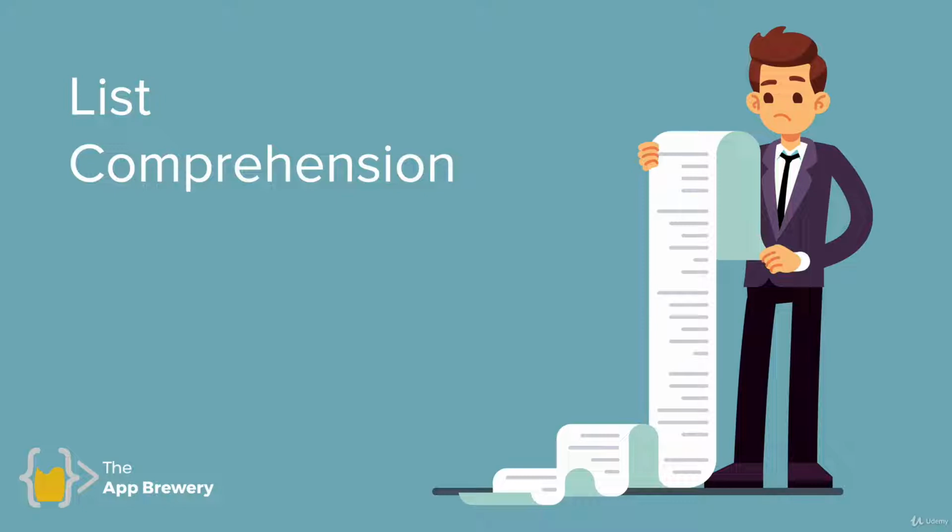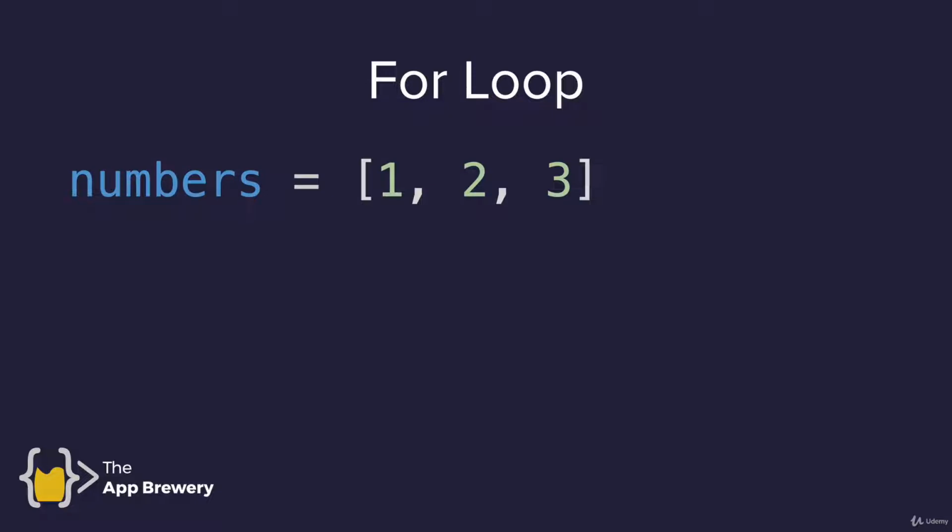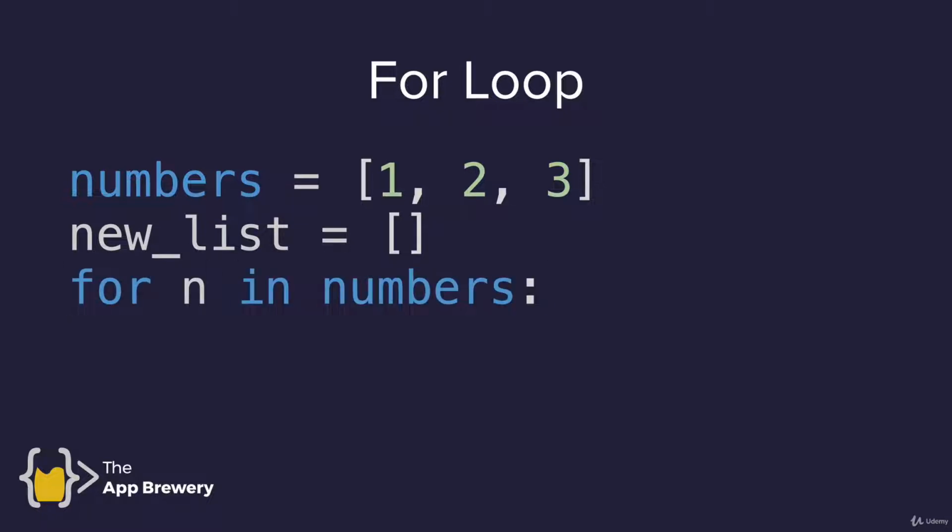So what exactly is a list comprehension? Well, it's a case where you create a new list from a previous list. So far, we've been doing that using for loops. So for example, if I have a list of numbers 1, 2, 3, and I want to create a new list where each number is increased by 1, well then I would use a for loop, creating a new empty list, and then looping through each of the numbers in that list in order to add 1 to each of those numbers.